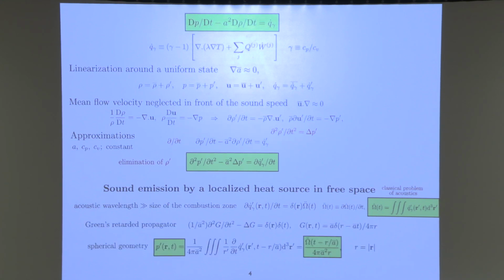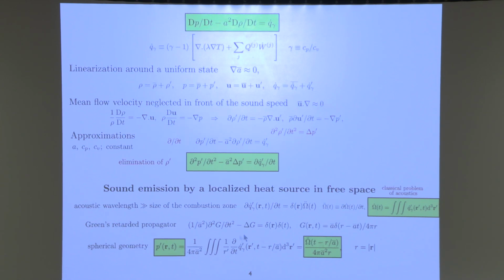I skip the details, but you have just to use the retarded Green's propagator, which is a solution of the D'Alembert equation with a point source delta function in space and time. This is called the retarded Green's propagator.